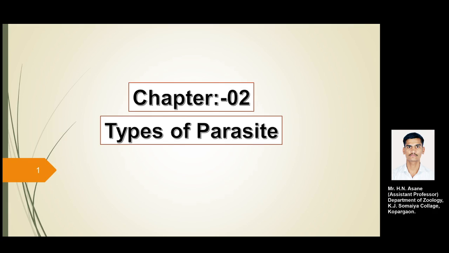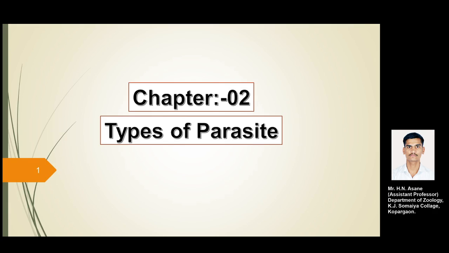The host at the same time offers some resistance to the injury done by the parasite, and there may be some adaptations and tolerance between the parasite and the host. A parasite has lost its power of independent life.